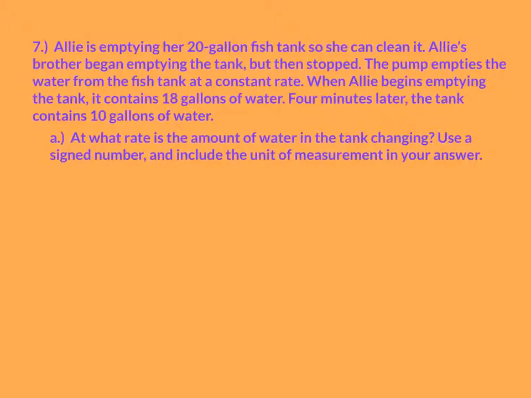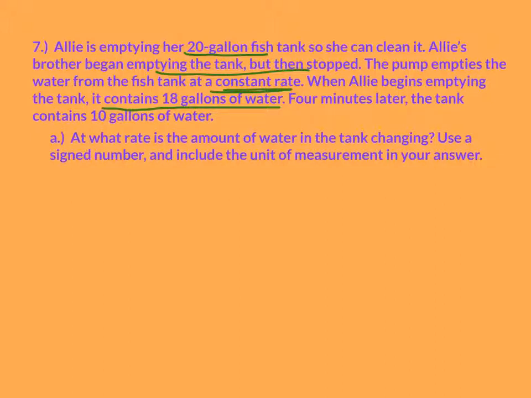Okay, Allie is emptying her 20-gallon fish tank so she can clean it. Her brother began emptying the tank, but then he stopped. Well, typical, right? The pump empties the water from the fish tank at a constant rate. When Allie begins emptying the tank, it contains 18 gallons of water. So I'm just going to put that over here.